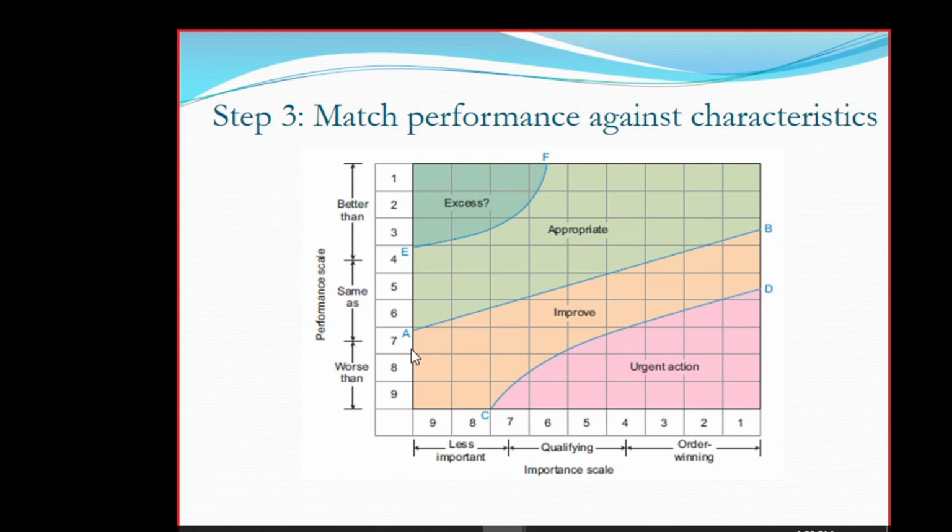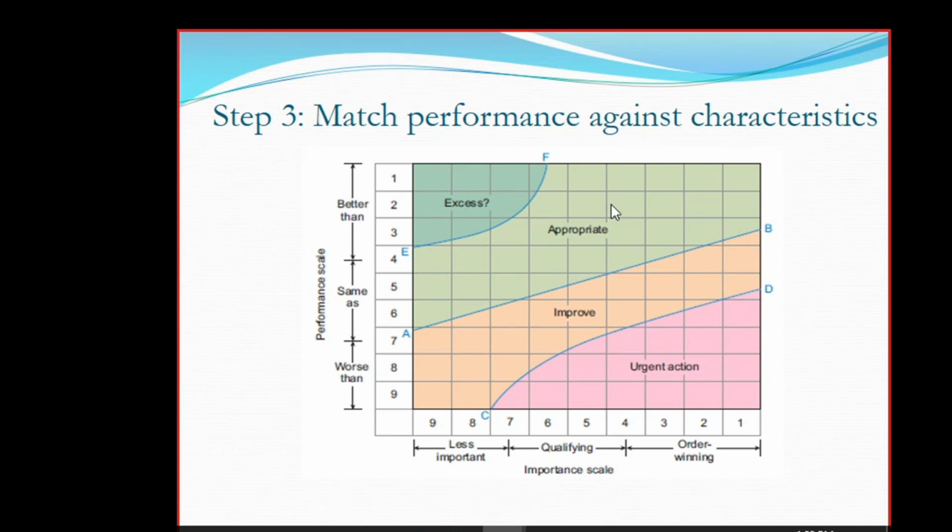Now we know that we are in the appropriate zone here in the light green area, which means we don't have to make lots of efforts to change anything. We are already doing things correctly.